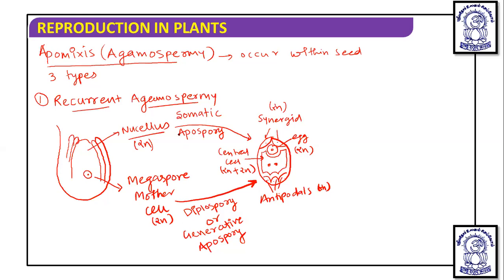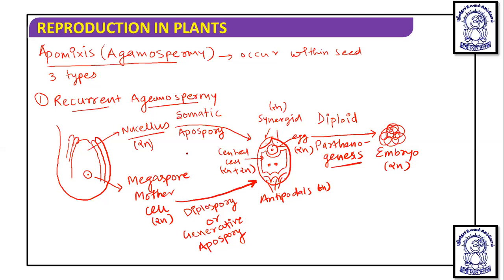Now, either this can happen or this can happen, but a diploid egg will be produced. Now, if this diploid egg undergoes mitosis and produces a diploid embryo, then this is known as diploid parthenogenesis.